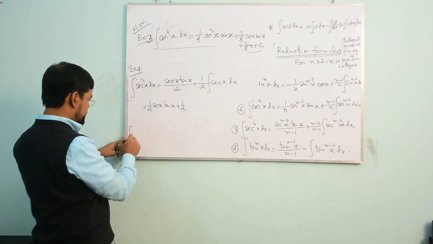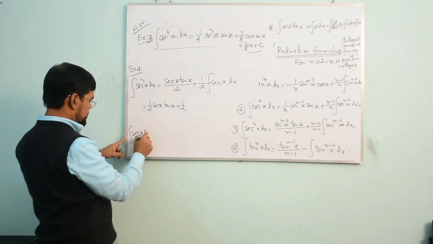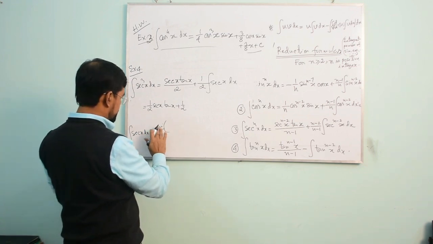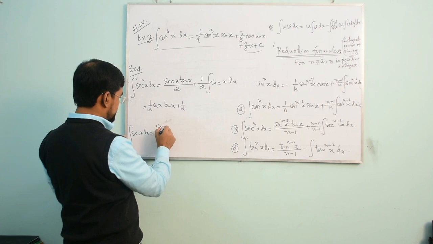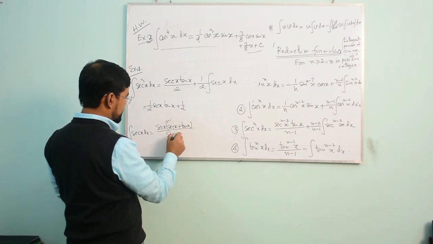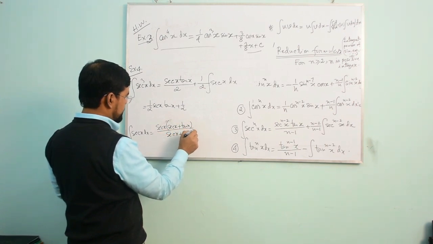We know the integration of sec x is equal to sec x into sec x plus tan x divided by sec x plus tan x.